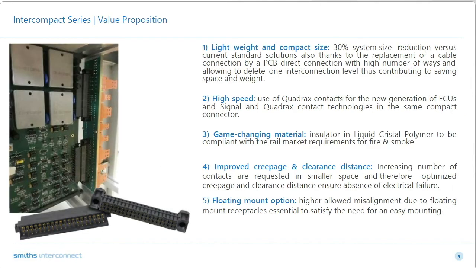So in terms of some of the key achievements, we understand, as I said, that the user has managed to reduce 30% of the overall system architecture by implementing a connector of this nature. Now, this is a significant achievement from their perspective, because you think about a rail application, a train.